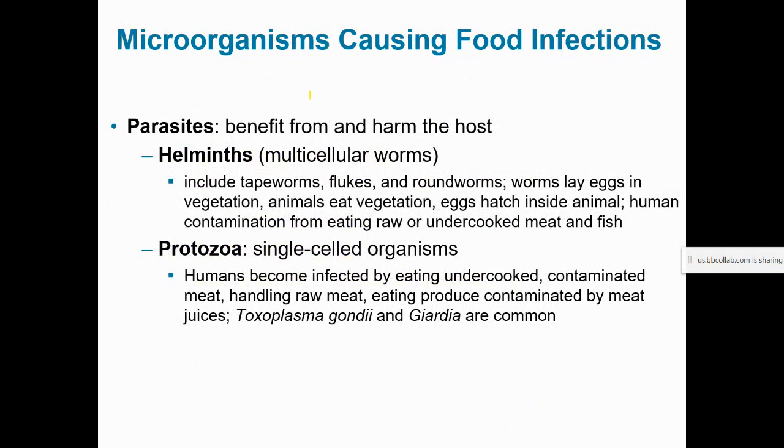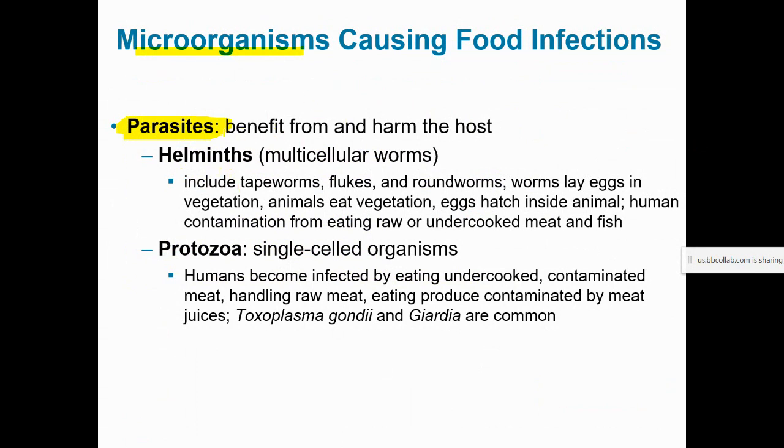Okay, so that's as much as we're going to say about viruses and bacteria. So now let's talk about some of the other microorganisms that can also be causing food-related infections. So we have parasites, and I think a lot of people are familiar with the definition of parasites.